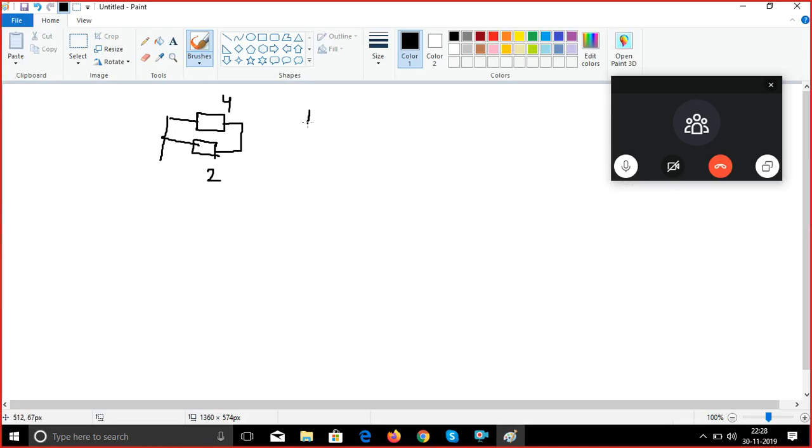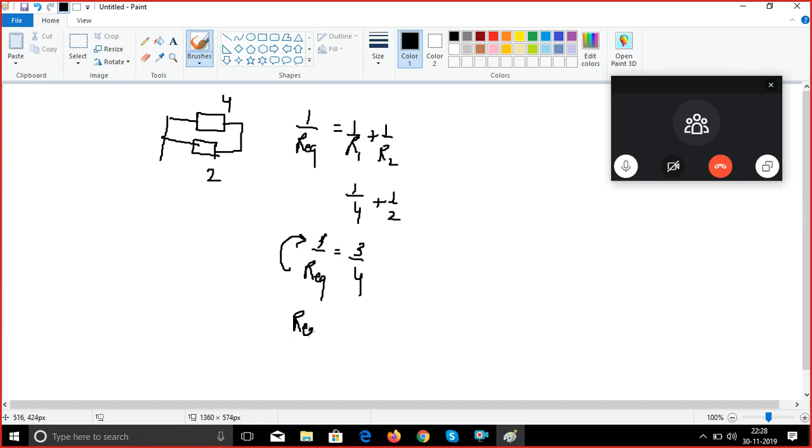That means 1 over R equivalent is 1 over R1 plus 1 over R2. R1 is 4, R2 is 2, so 1 over 4 plus 1 over 2. If you add them, you'll get 3 over 4. It's 1 over R equivalent is 3 over 4. But you have to find R equivalent. If you want to find R equivalent, you just have to reverse this. If you are reciprocaling this one, you have to reciprocal this also. So you'll get 4 over 3. Is this clear?